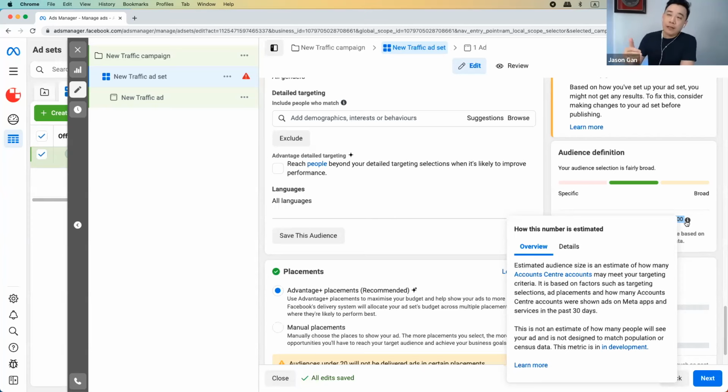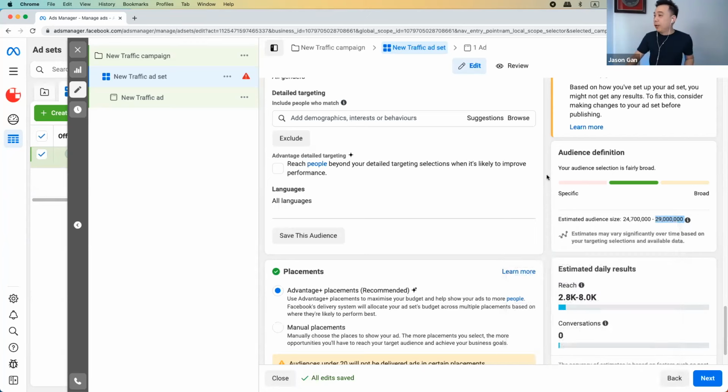If your budget is relatively low, say you're only spending about $10 per day, it may not be beneficial to open up and target everyone, like 30 million people. It will be more beneficial to dive into specific detailed targeting or a specific location, to get closer to the audience that is more likely to become your customer. That's what I'm arguing. So this is broad targeting, or so-called detailed targeting, or the created audience per se.